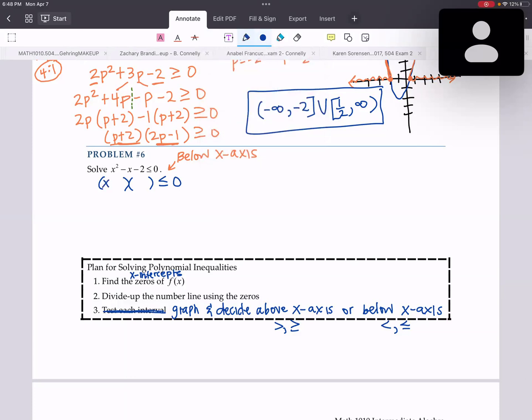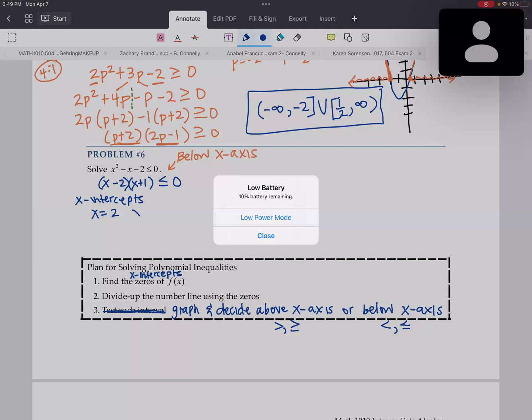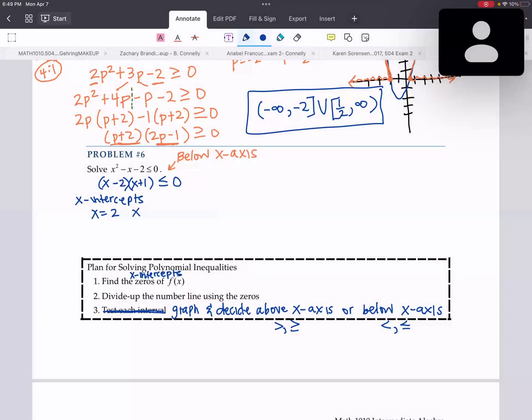This one should be pretty easy to factor. 2 times 1 is 2, right? And then if I want a negative 1 in the middle, we need to have a negative 2 and a positive 1. All right, and then find those x-intercepts. We can call them zeros as well. All right, so we got x equals 2 and x equals negative 1.